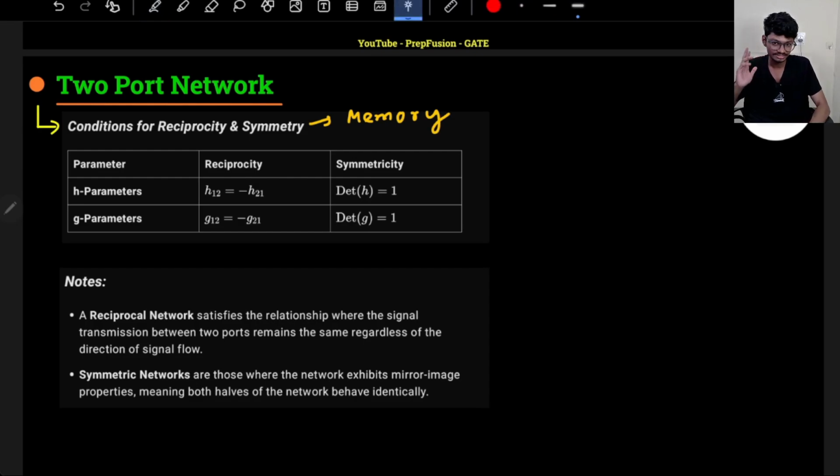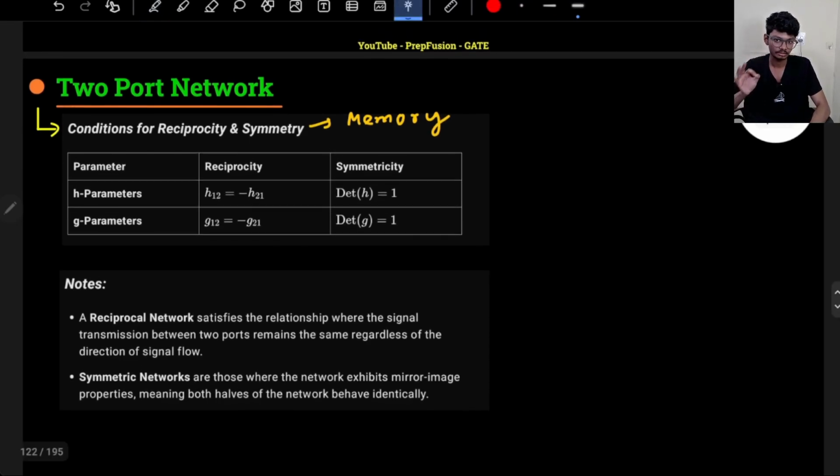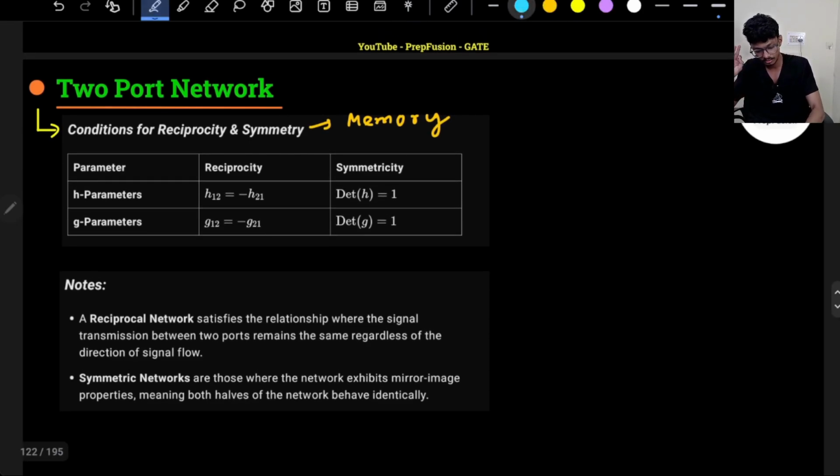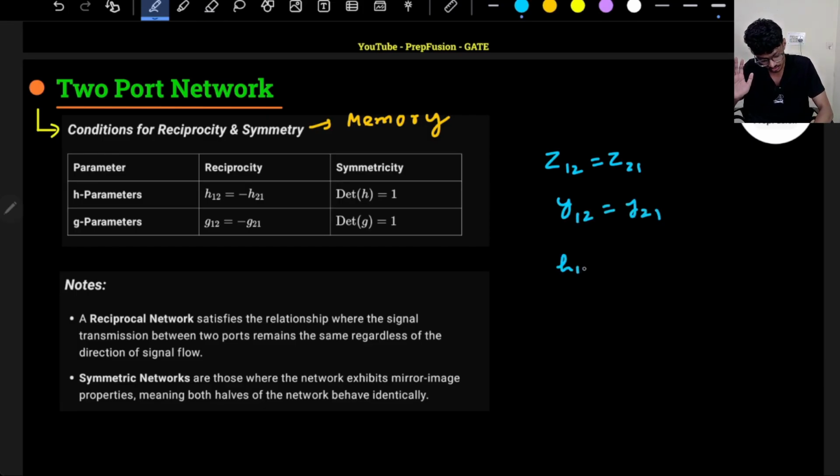The condition for reciprocity is very similar to the z and y parameters. For the z parameter it was z12 equals z21. For the y parameter it was y12 equals y21. For the h parameter it is also h12 equals h21, just with an extra negative sign. Now how do you remember this?